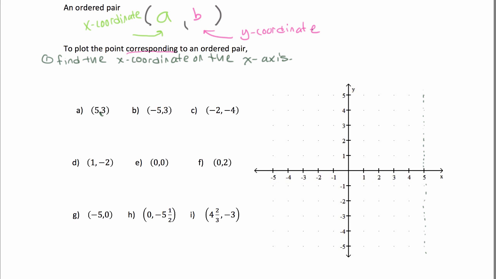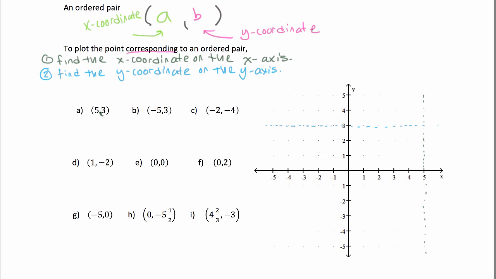Then my next step is to find the y-coordinate on the y-axis. So for this point, 5, 3, my y-coordinate is 3. So here's 3 on the y-axis, and this is the line that goes through that.